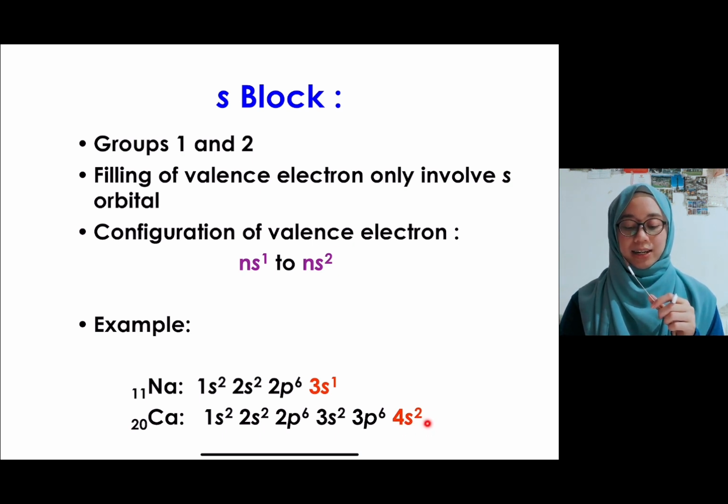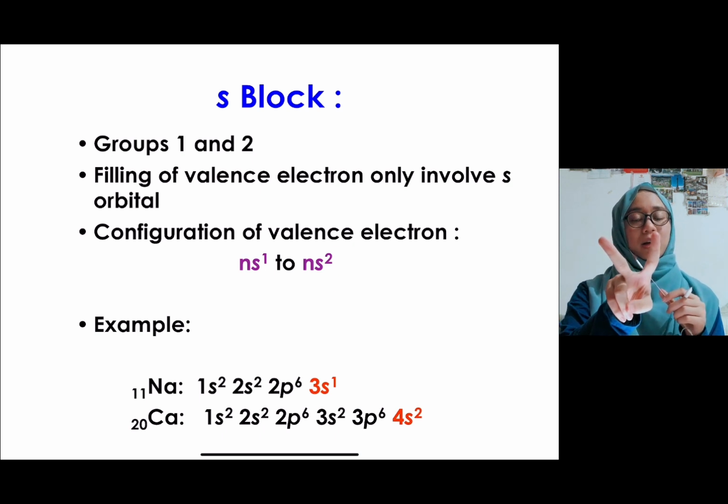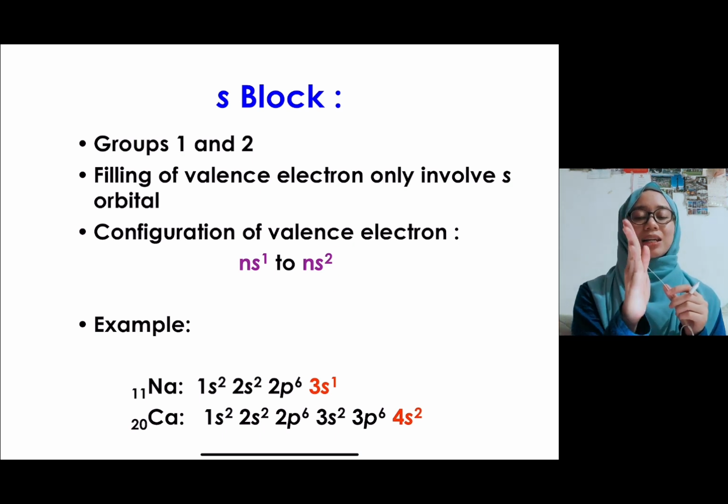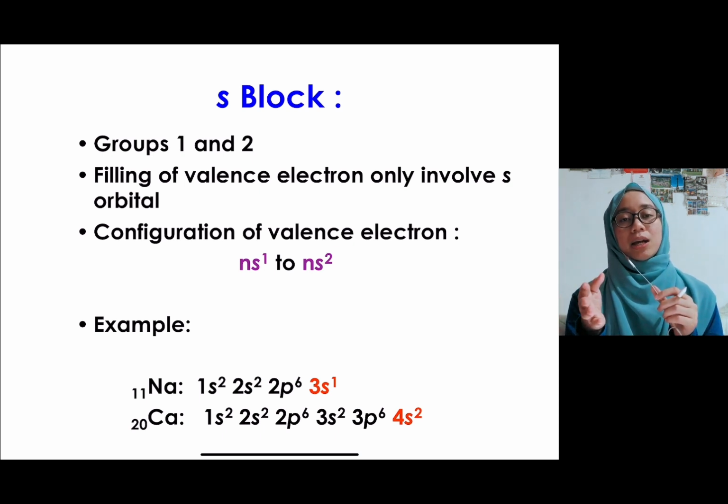Okay, and then secara generalnya dia punya valence electronic configuration adalah ns2. Okay, kenapa ada pilihan sama ada ns1, ns2 ni adalah because after all s orbital kita cuma boleh isi up to 2 elektron. So sama ada kita last kali tu kita isi sebagai ns1 ataupun ns2, those are considered as elements in s block.